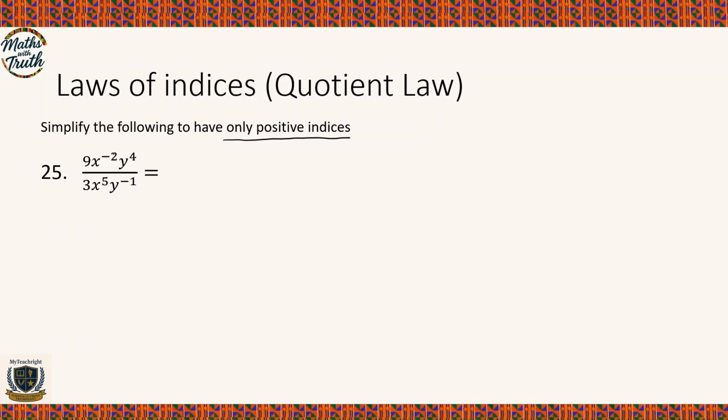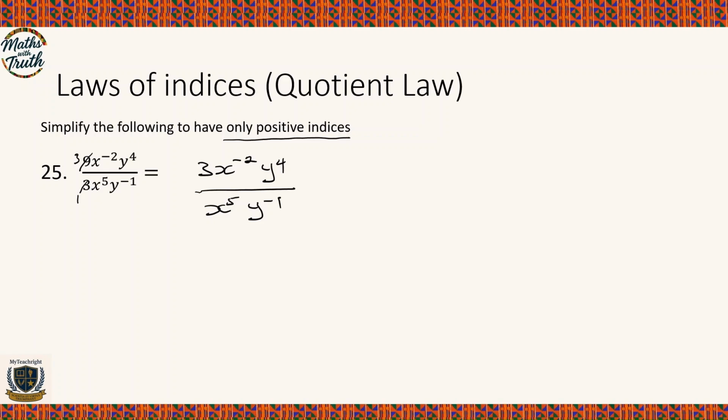So we have to simplify to get rid of the negative indices or exponents. So this one we have 3 here, 1, 3 here, 3. So we can write this as 3x exponent negative 2 y exponent 4 divided by x exponent 5 y exponent negative 1.